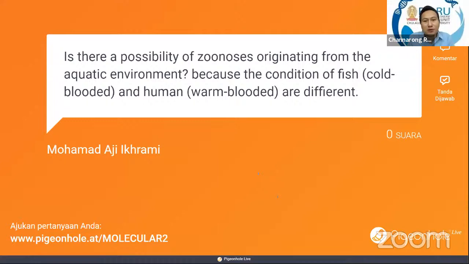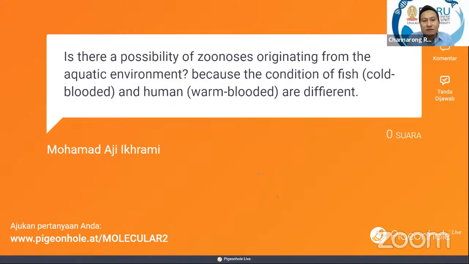Some clones of Streptococcus agalactiae can cause septicemia in humans, and in fish there is also mycobacteriosis caused by Mycobacterium marinum, Mycobacterium fortuitum, and Mycobacterium chelonae that can infect humans also.